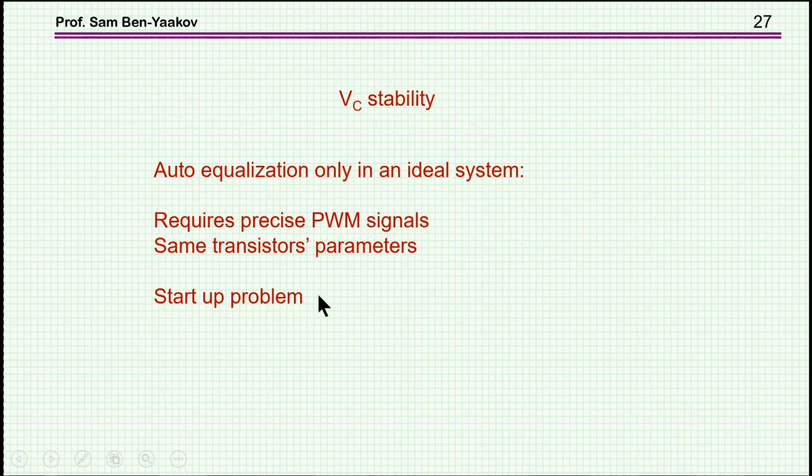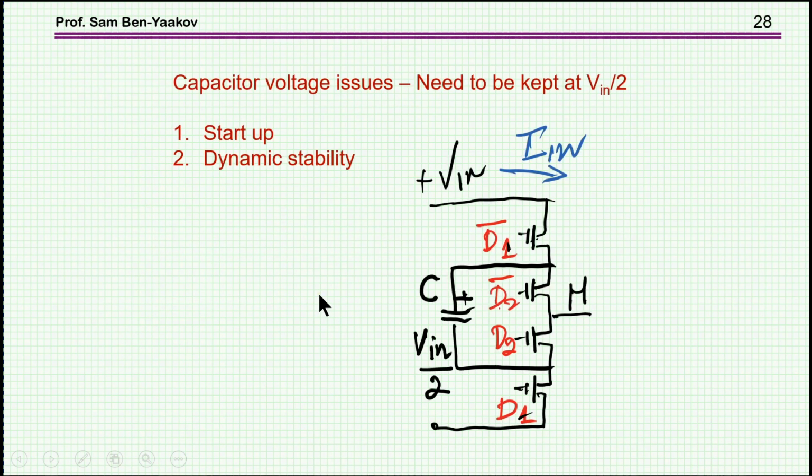When you start up the system, the capacitor is discharged, you have to charge it to Vin over 2. There are many ways to do it, and I'm not going to discuss the startup. It's simple to do. Let's just talk about the dynamic stability. So how can we make sure that during operation the voltage on the capacitor will stay correct, that is Vin over 2?